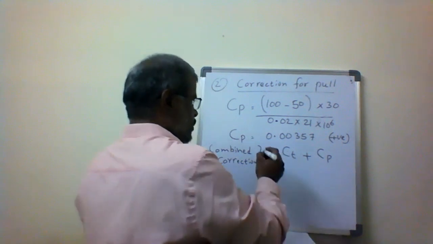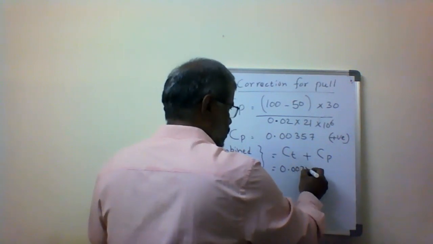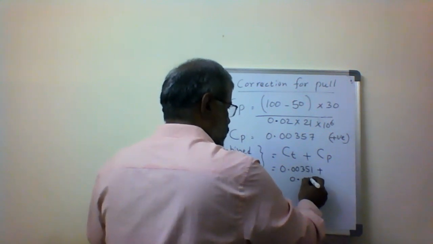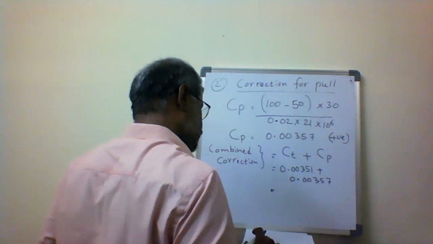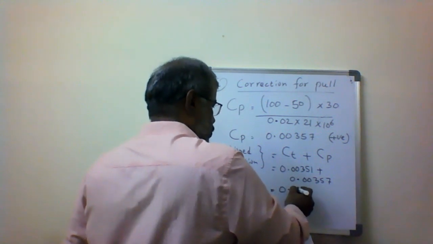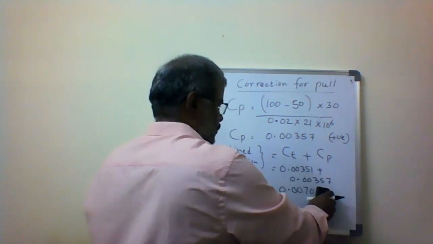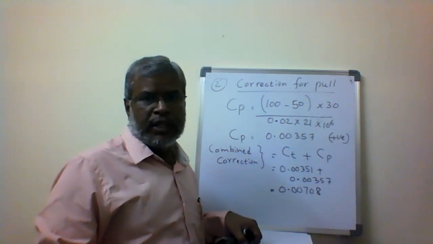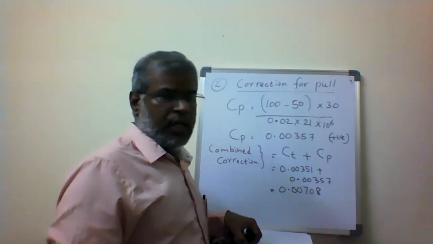The correction for temperature is 0.00351 plus 0.00357, which gives 0.00708. Both corrections are positive, so I added them.